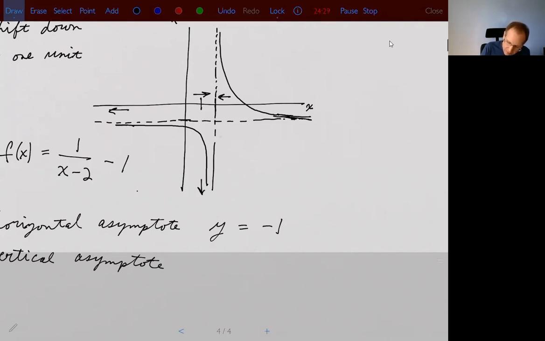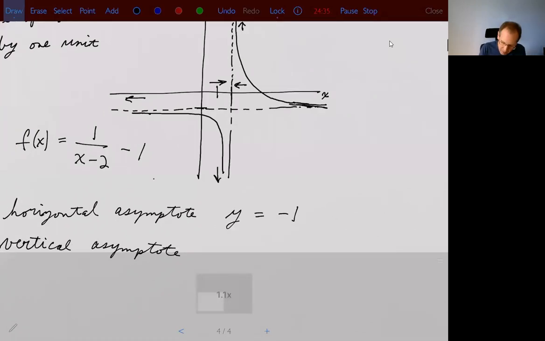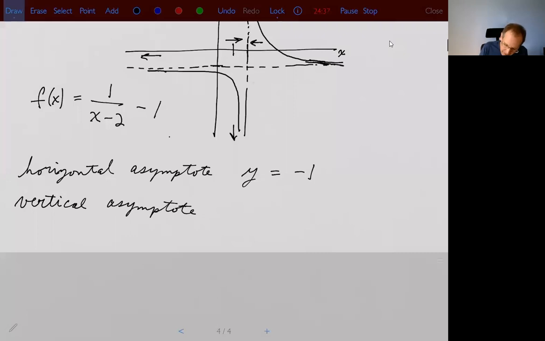As I get closer and closer to 2 from the right, the function is going towards +infinity. So I must have a vertical asymptote at the line x equals 2. Okay, and again, we got that just from that picture.